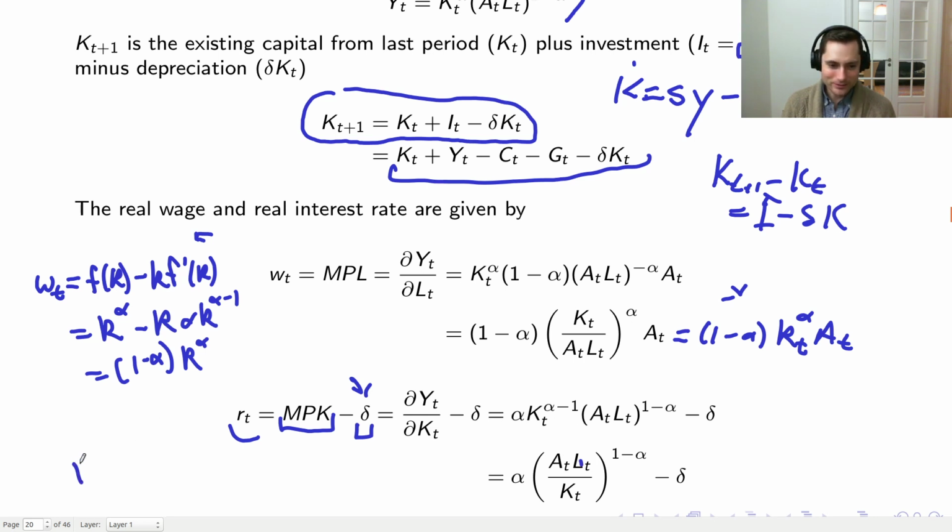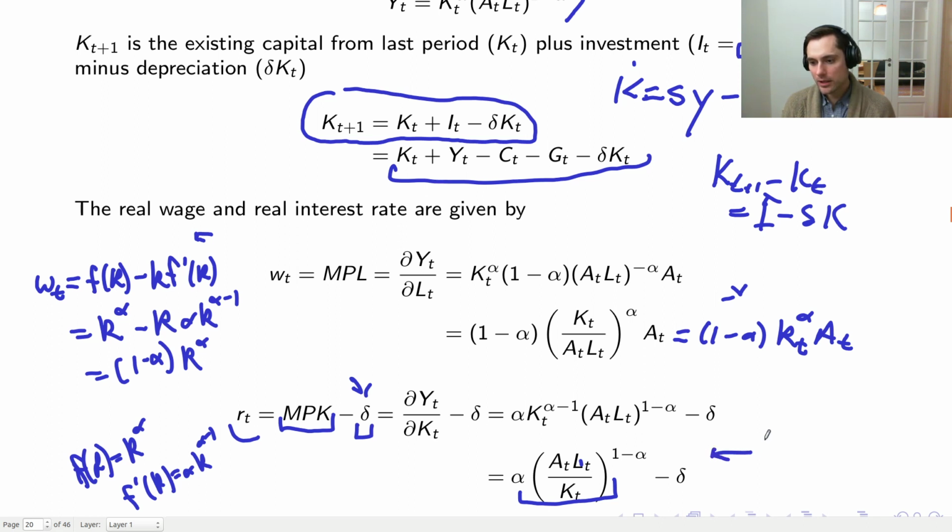So f of little k, if it's Cobb-Douglas, is equal to little k to the power alpha. So f prime of k, or the marginal product of capital, is equal to alpha times k to the power alpha minus 1. That's what we have here. You can see that we have the A_t and the L_t on top, so that's why it's 1 minus alpha, right? If we have 1 over little k, then it would be 1 minus alpha, minus delta, because that sticks around. So this is the rate of return.